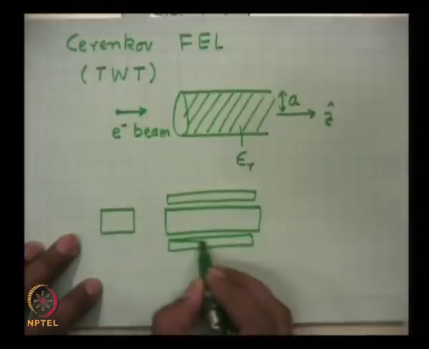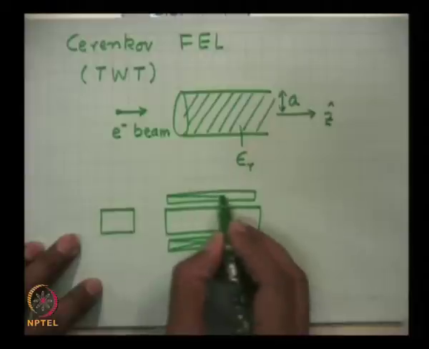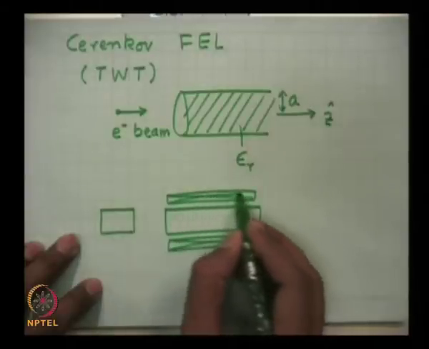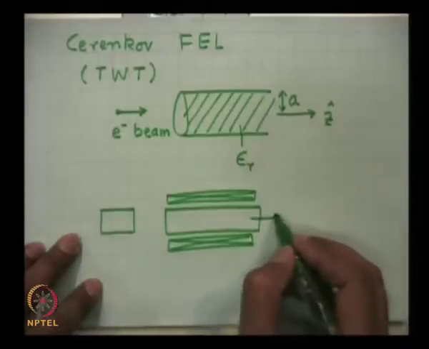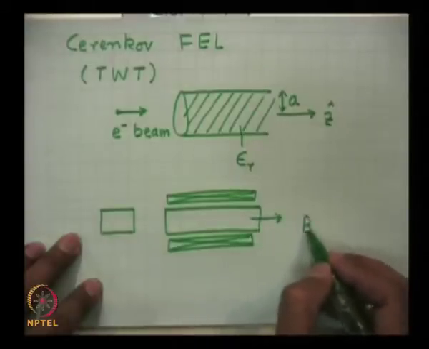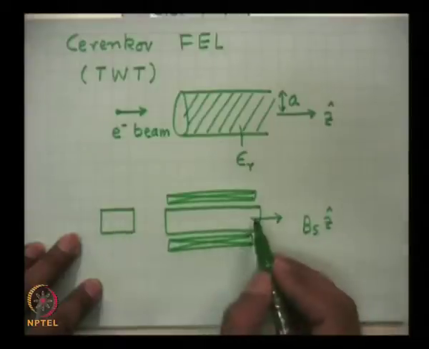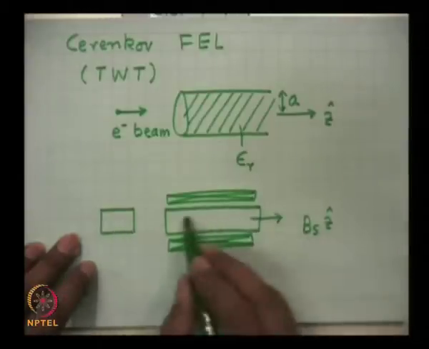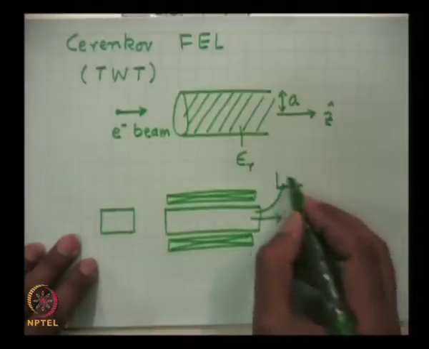So this is written like this. There is no plasma here, simply the electron beam is traveling, and so there is a guide magnetic field in this direction, and after the beam emerges out of this structure, the beam is taken to somewhere here called the beam dump.